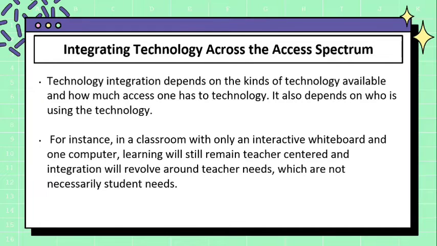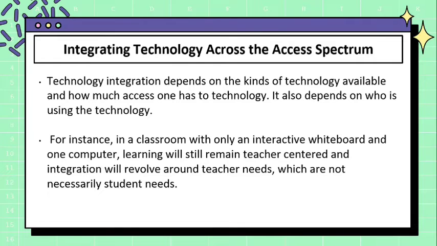The second is integrating technology across the access spectrum. Technology integration depends on the kind of technology available and how much access one has to technology. It also depends on who is using the technology. For instance, in a classroom with only an interactive whiteboard and one computer, learning will still remain teacher-centered and integration will revolve around the teacher's needs, which are not necessarily students' needs.